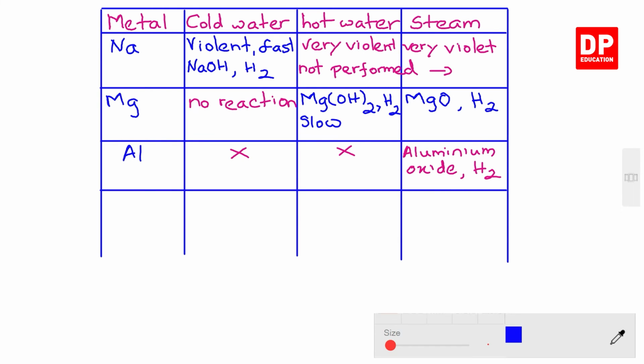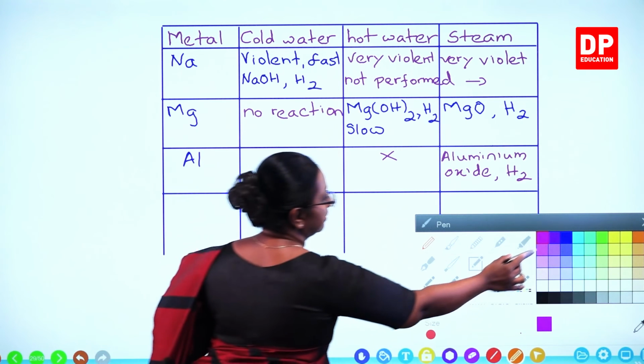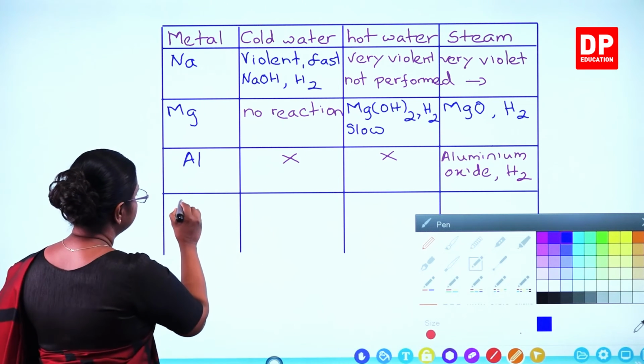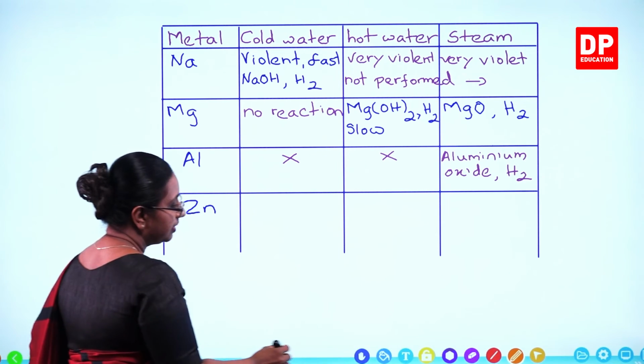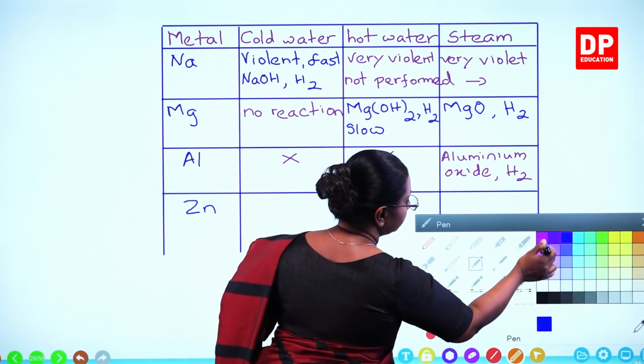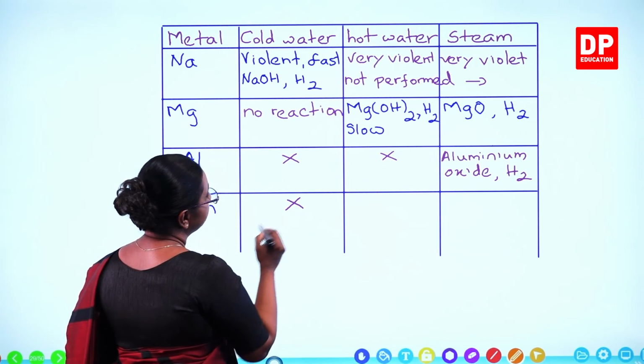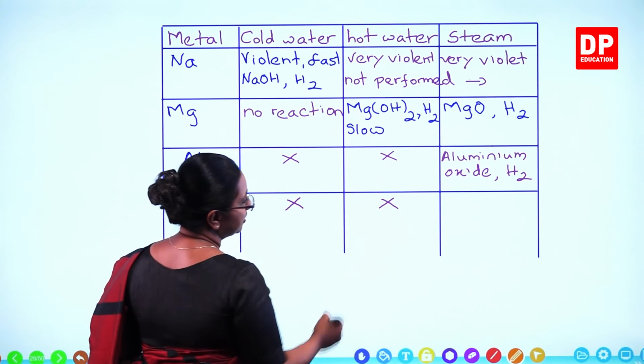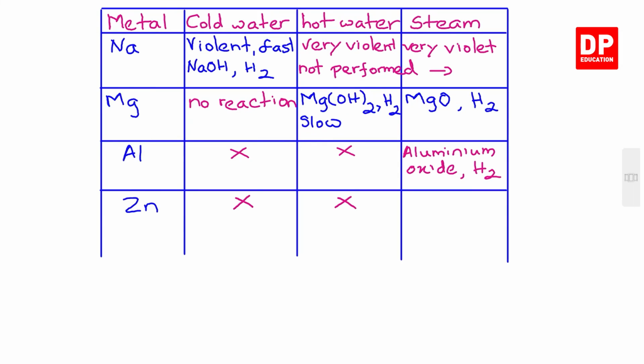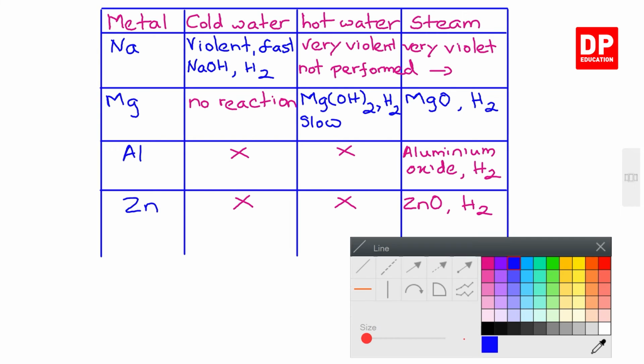The next one, zinc. Zinc again, no reaction with cold water, no reaction with hot water, but with steam you get zinc oxide and hydrogen gas.